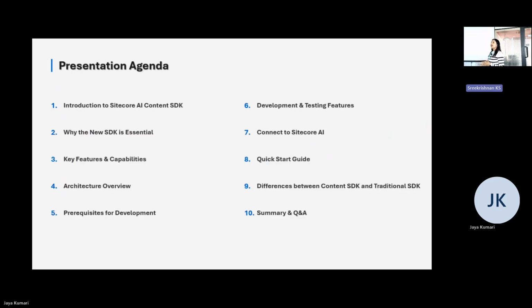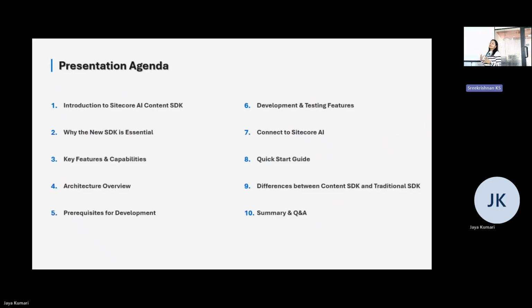When we start development, what prerequisites we require, whether you are a beginner or have experience in headless, and how it differs from the traditional one which we used to work with until now.